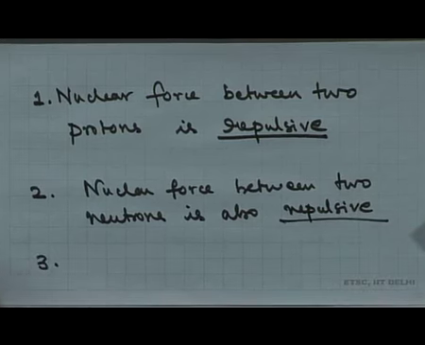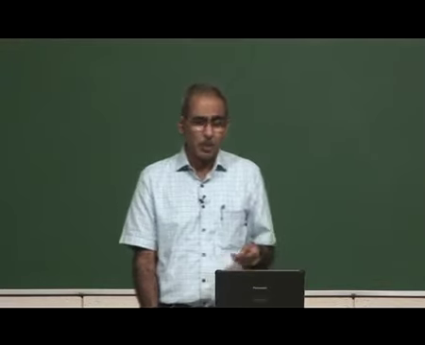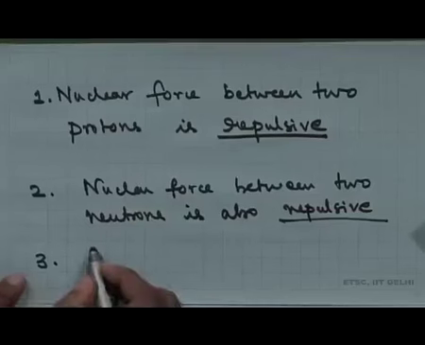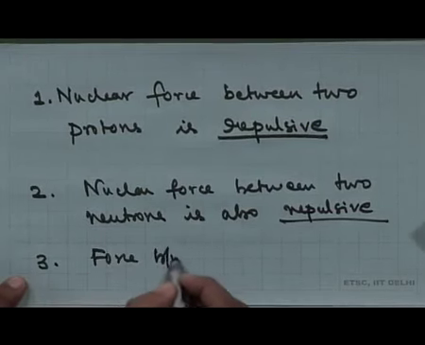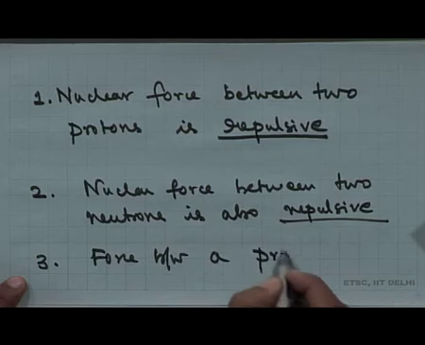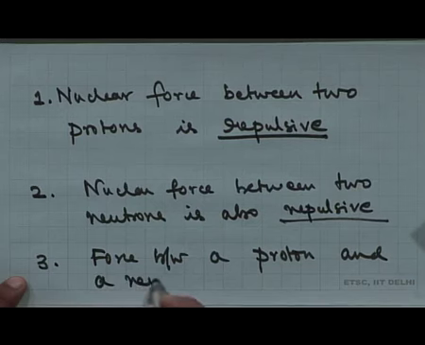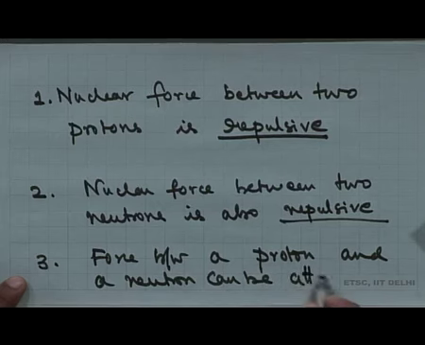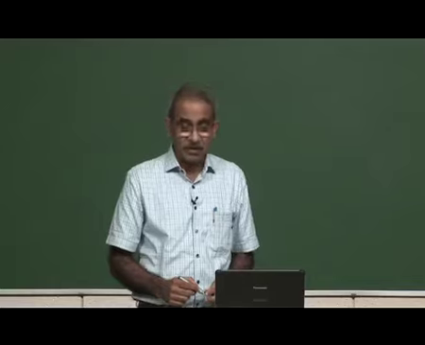But I told you we have deuteron, it has a binding energy of something like 4 MeV or some such thing, or maybe 2.5 MeV. So, but force between a proton and a neutron can be attractive. Can be attractive, and this is a very, very important feature for us.